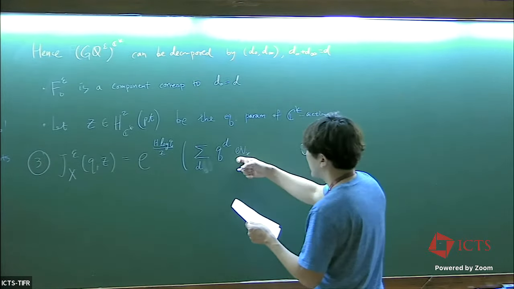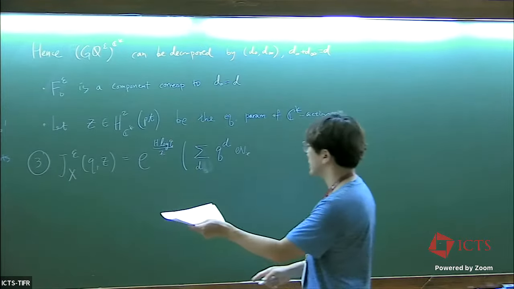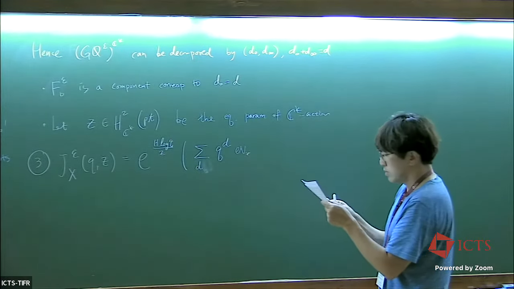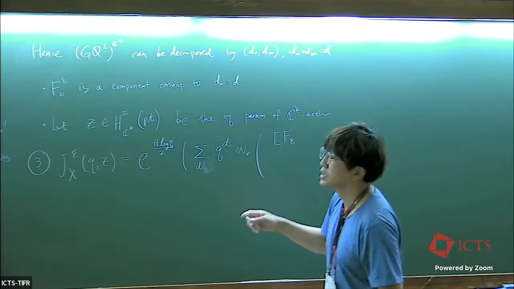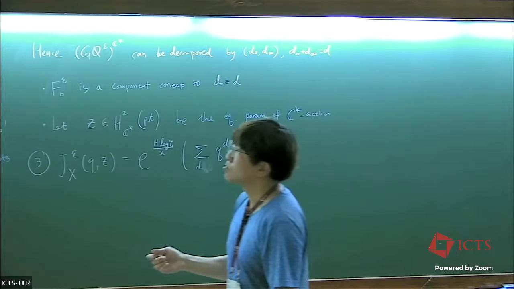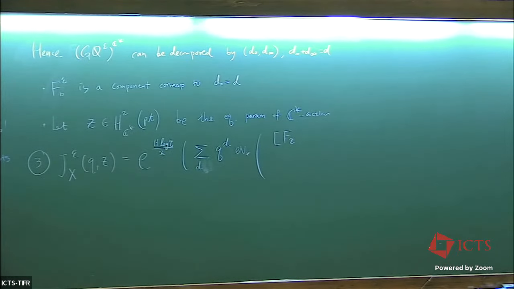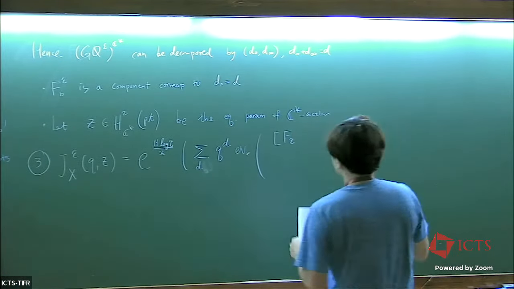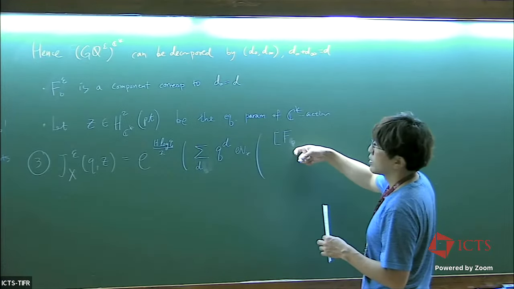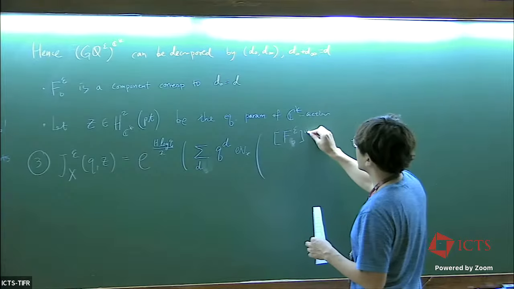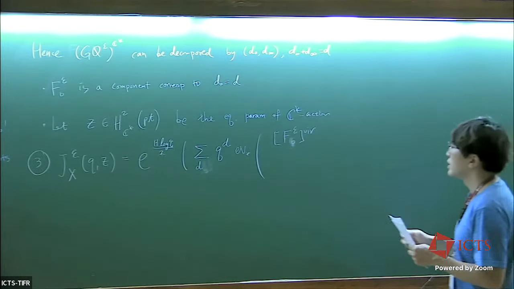Anyway, using this evaluation map, which is proper, we can do push forward. As in the previous case, the graph space has a perfect obstruction theory that induces perfect obstruction theories on the fixed loci, so that we can define the virtual cycle here.